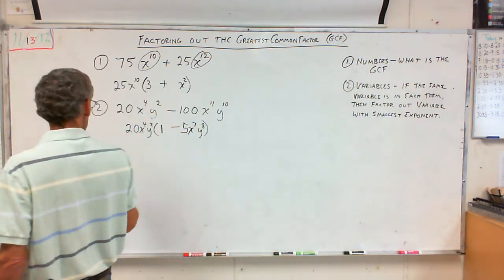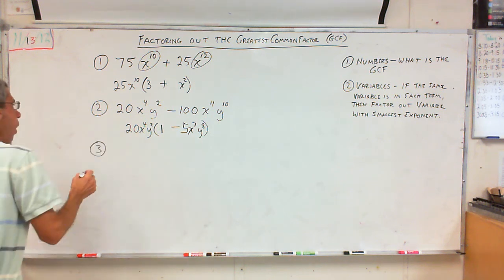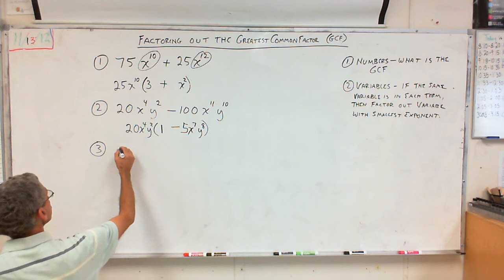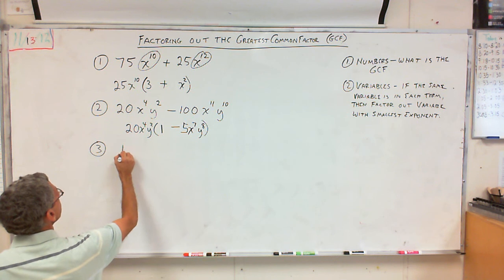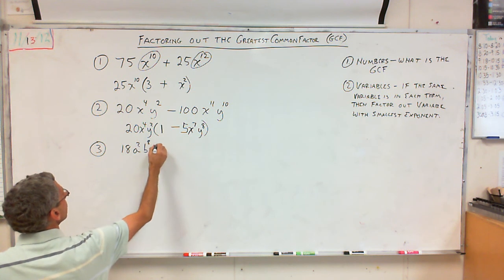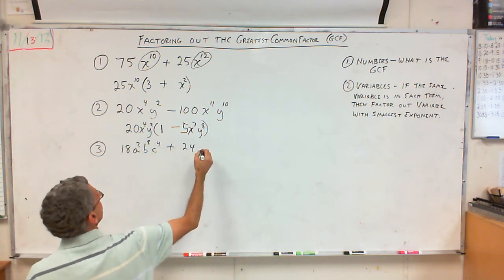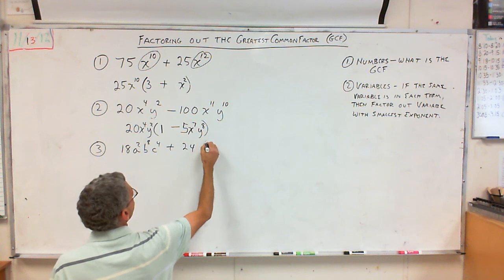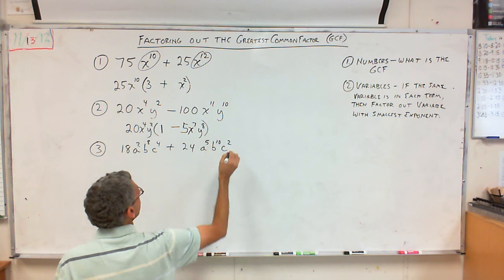Now, do we do a really complicated one? Yes. We'll do one that's really complicated. All right, let's say we do 18a squared b to the 8c to the fourth plus 24a to the fifth b to the 10th c squared.